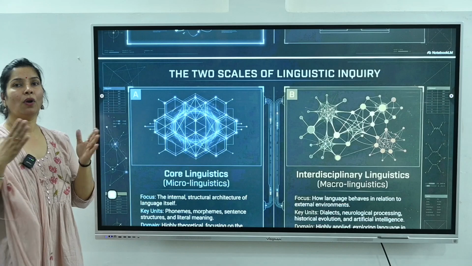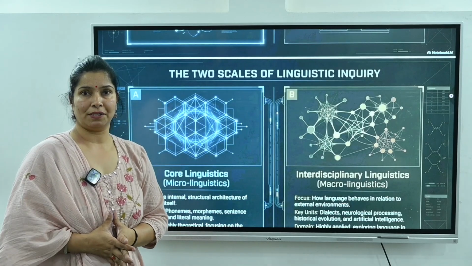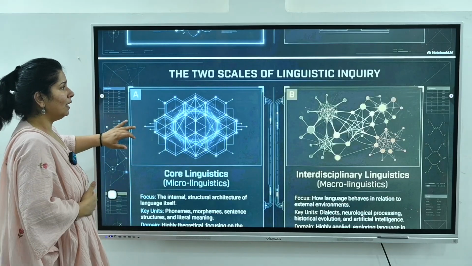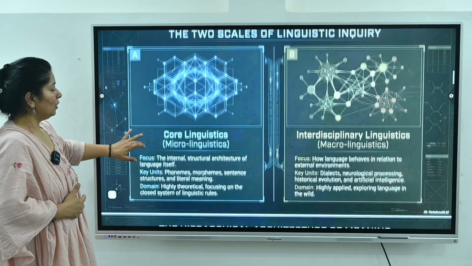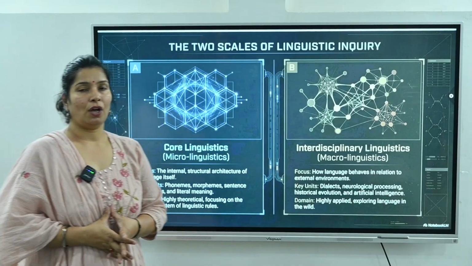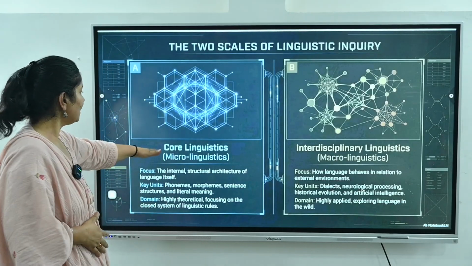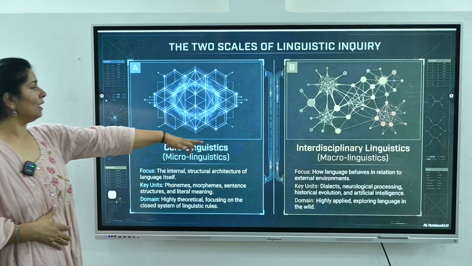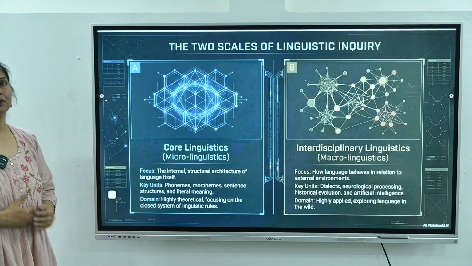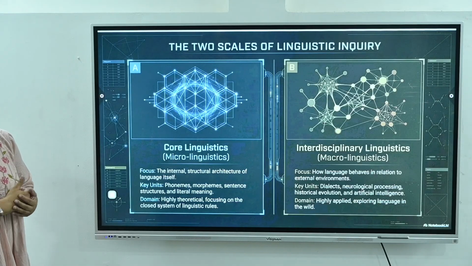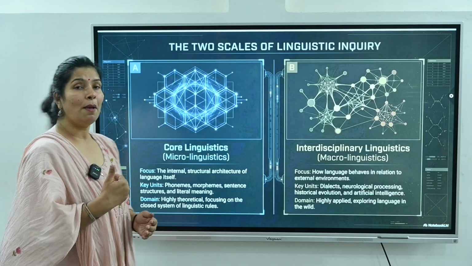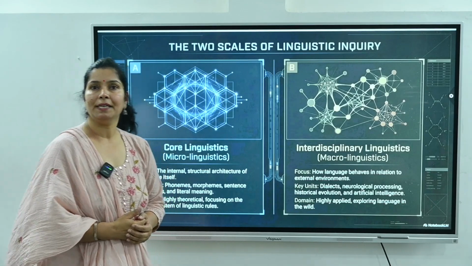Now, if we talk about the branches of linguistics, it is based on two scales of linguistic inquiry. Basically, linguistics has two kinds of study: core linguistics, micro-linguistics or theoretical linguistics; and on the other hand, interdisciplinary linguistics, macro-linguistics or applied linguistics.